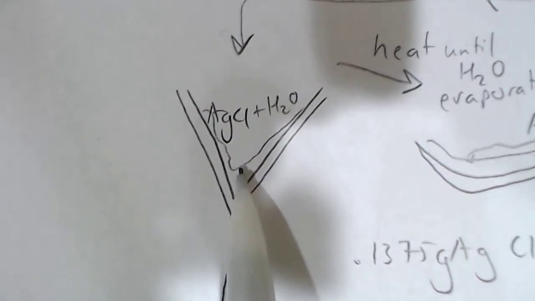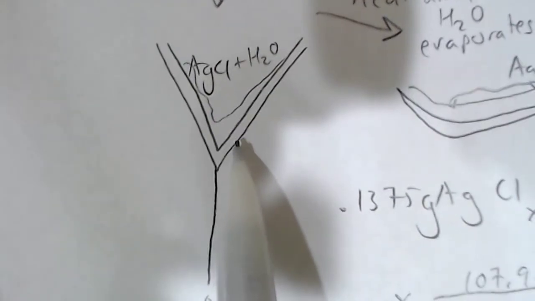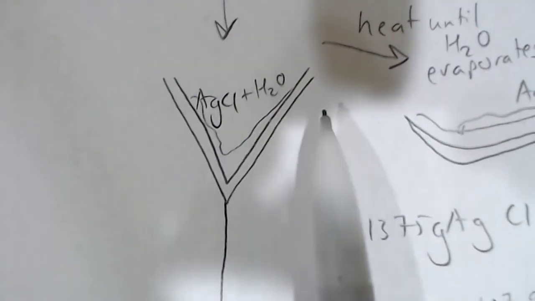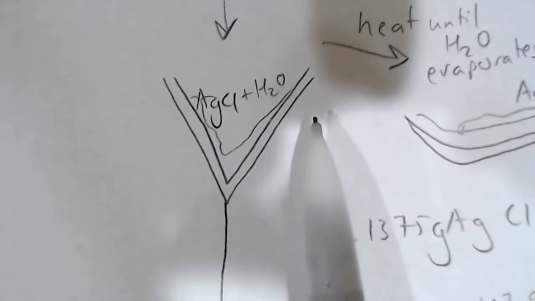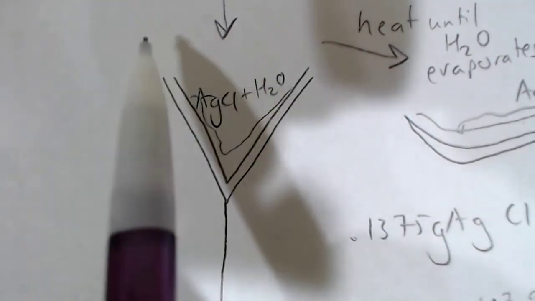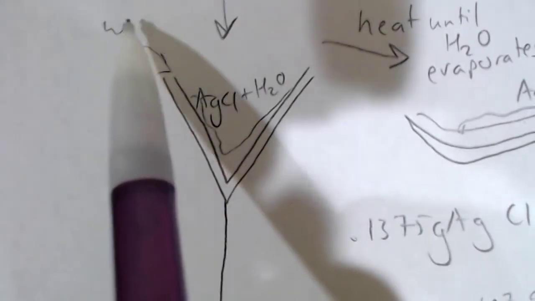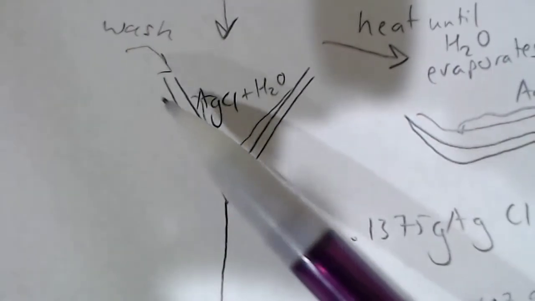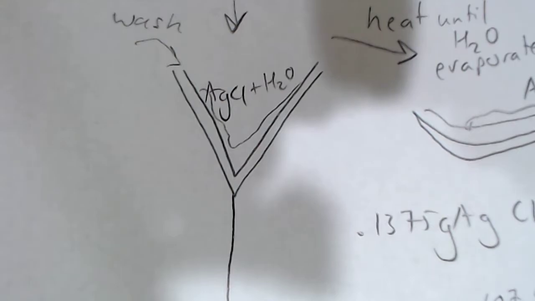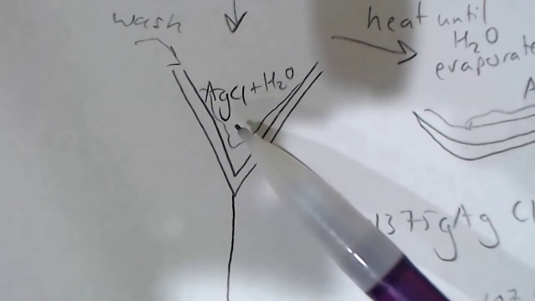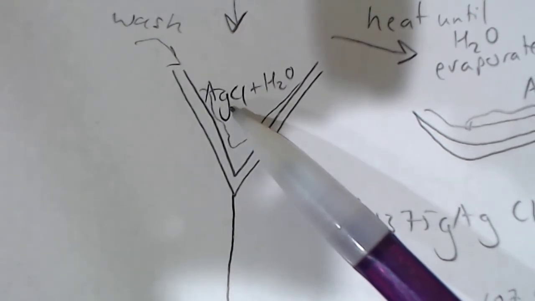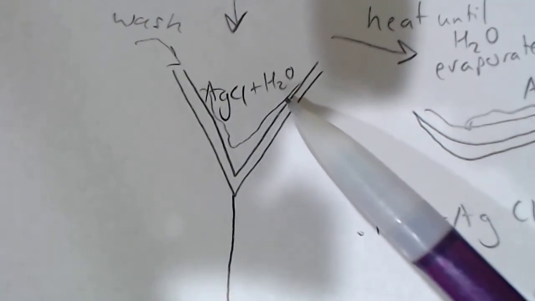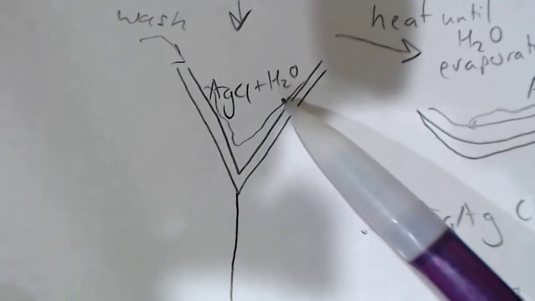It will filter out the solid, and most of the other spectator ions will flow down into the Erlenmeyer flask at the bottom. But perhaps not all of the spectator ions will do that. That's why you need to do a little bit extra wash. Add a little bit extra water to make those spectator ions go down to the bottom, so that hopefully now you have just silver chloride and a little bit of water, making it wet.